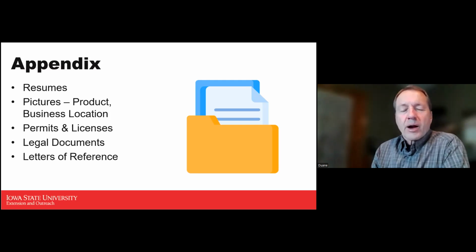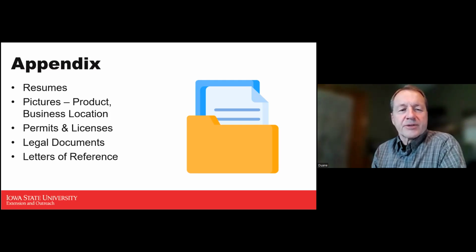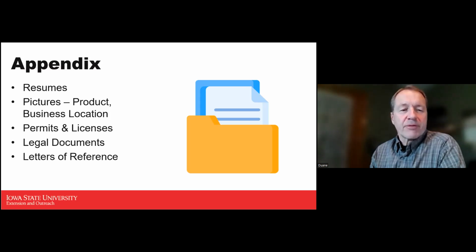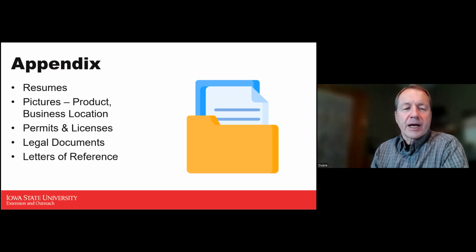If our business requires any permitting or licenses, we'd want to make copies of those and have them here. Other legal documents, such as maybe we've done a DBA, doing business as, so we've reserved the name, or maybe we do have an LLC or a subchapter S, and we'd want to include those documents here showing our legal status.